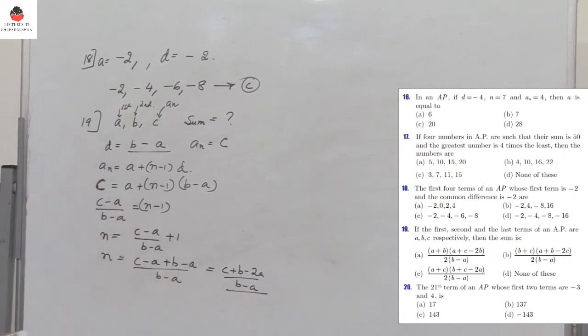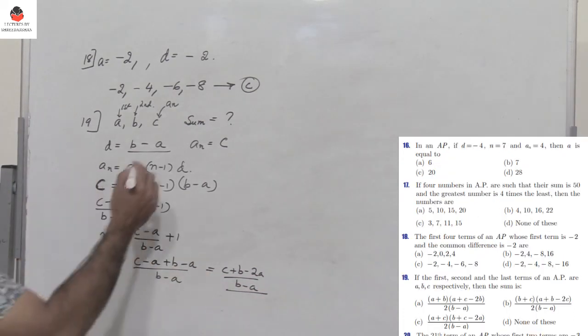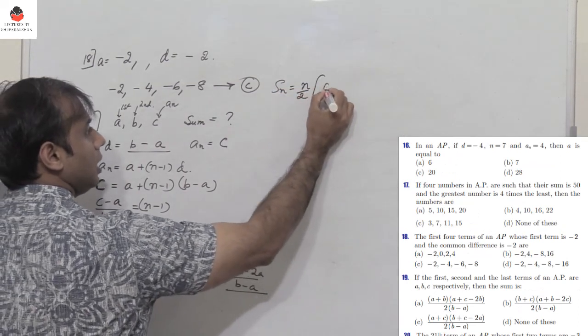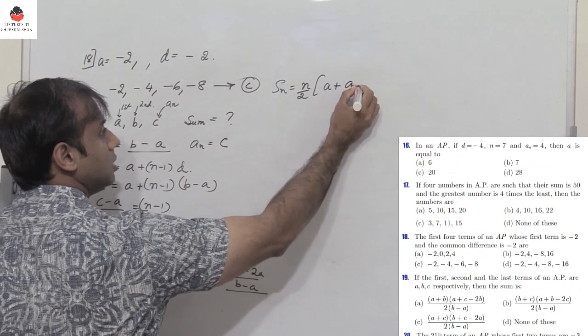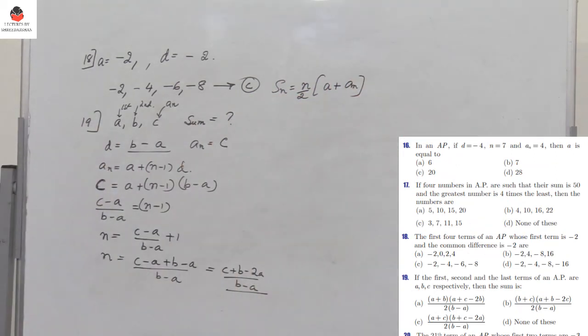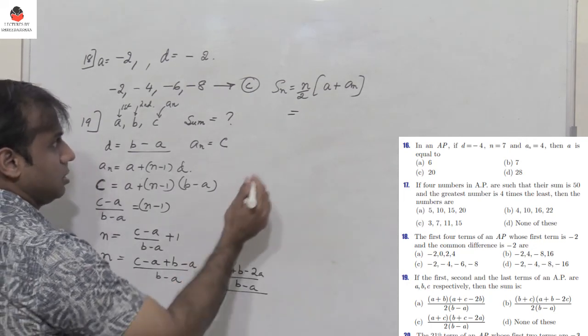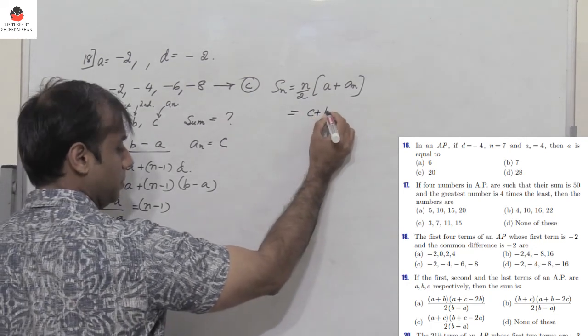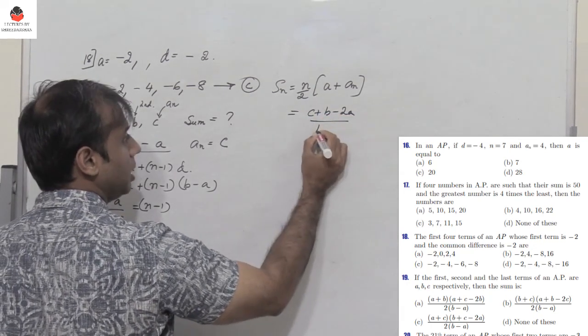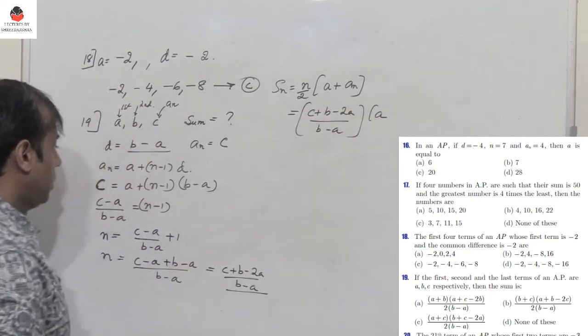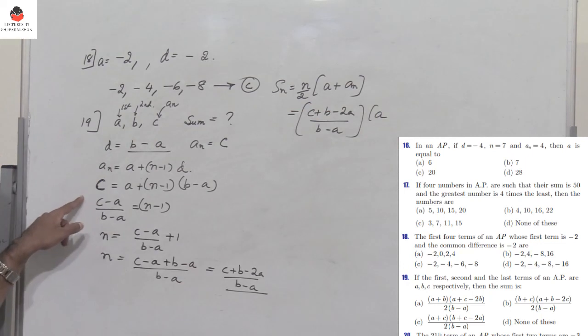So this is n. Now what is the sum to n terms? It is n by 2 into the first term plus the last term, a plus l or a plus an. We know the value of n, so you have (c plus b minus 2a) divided by (b minus a). The first term is a, whereas the last term is c.